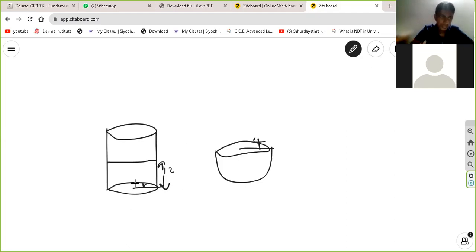Volume of this right circular cylinder: what is the formula to find the volume of a cylinder? Pi r squared into h. Right means in any object, when it is given as right, you have to find the volume by area of cross section into height. Pi R squared, height is 12.